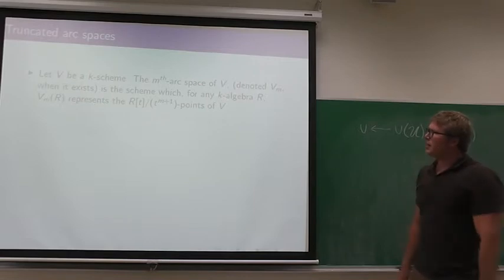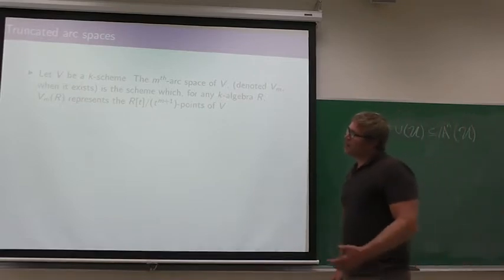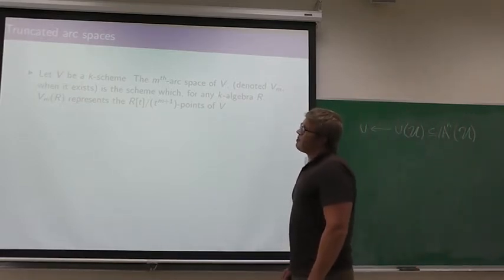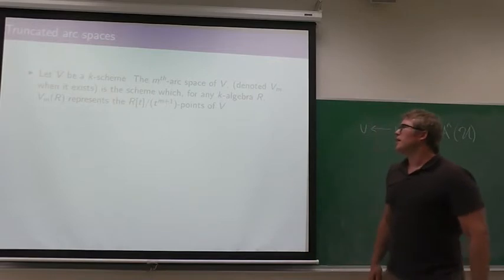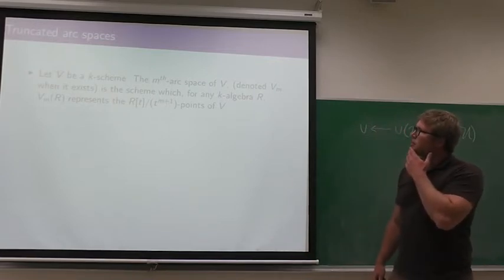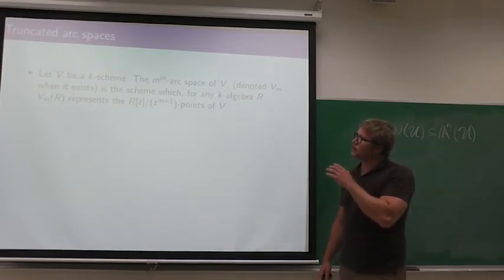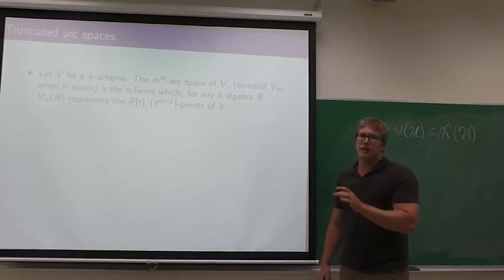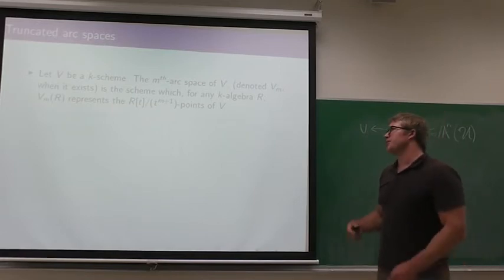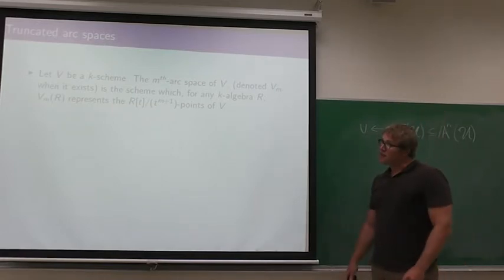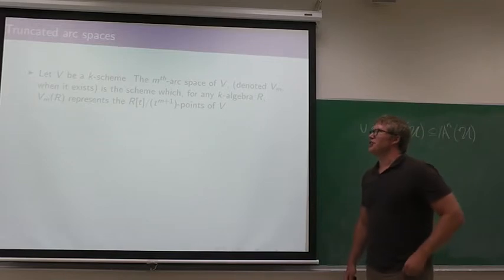There's a kind of variety or scheme that geometers studied a lot more than what I call BL of V. I call it the mth arc space, although in the geometry literature this might sometimes be called the mth jet space. That terminology is troublesome because other people mean other things by jet spaces.